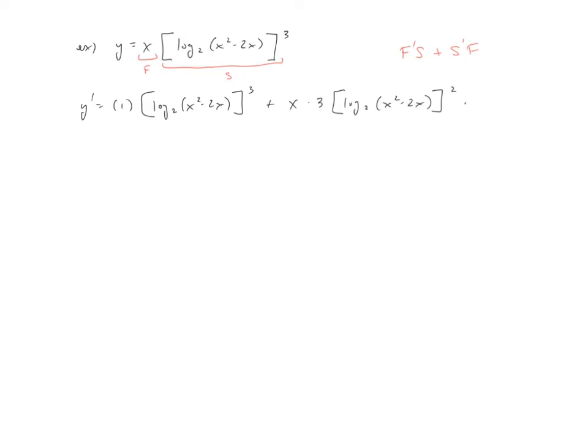And so that's going to now be the 1 over the inside times the natural log of that base, which was 2. So we've got the log base 2, and so that's going to be 1 over the inside, which was x in that last derivative that I gave you on the previous screen.